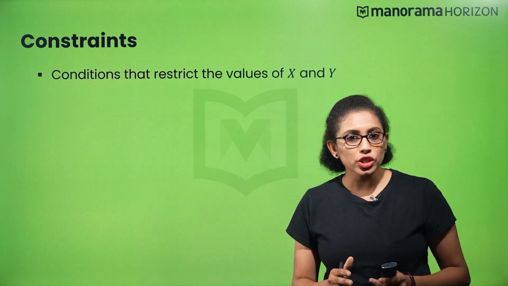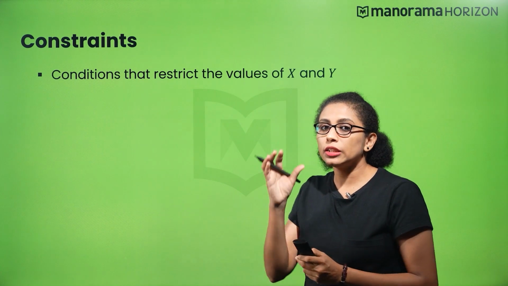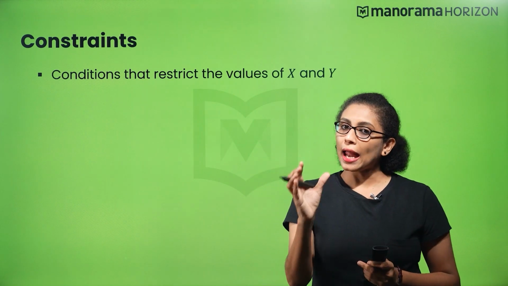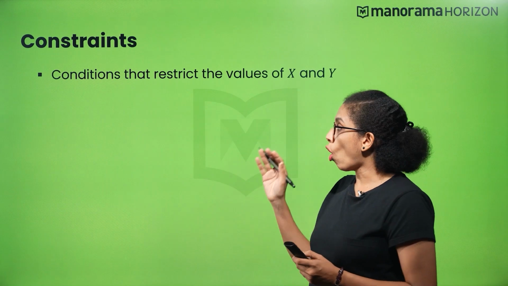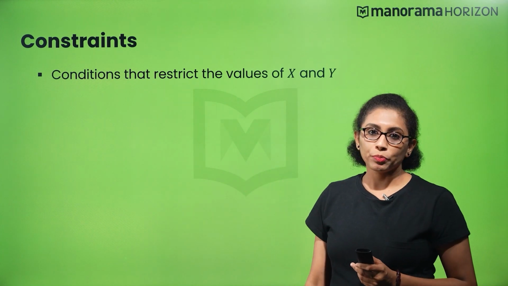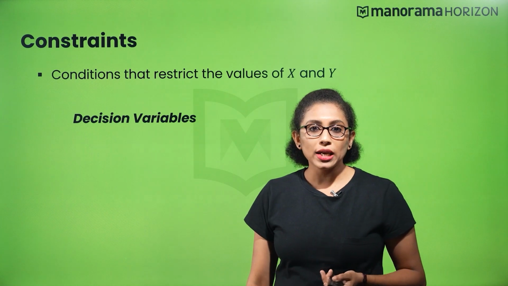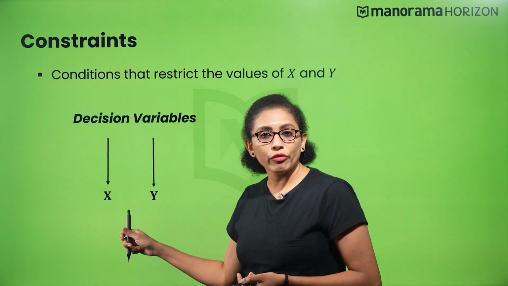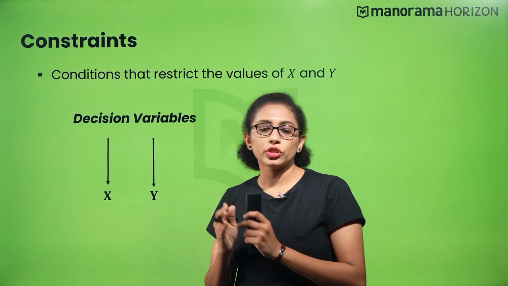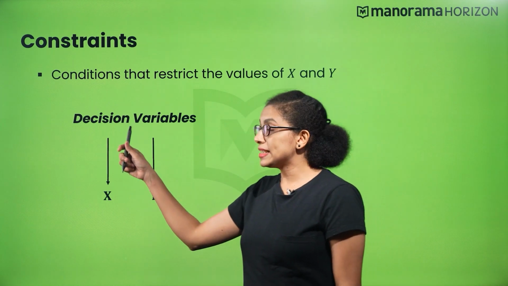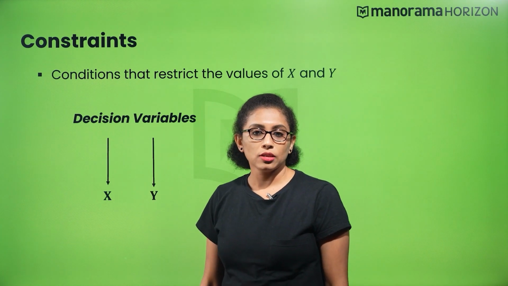Constraints on linear programming problems are the conditions that restrict the values of x and y independently or dependently. Please note that the independent variables x and y constituting the objective function are called decision variables.